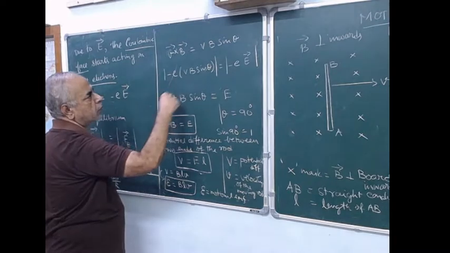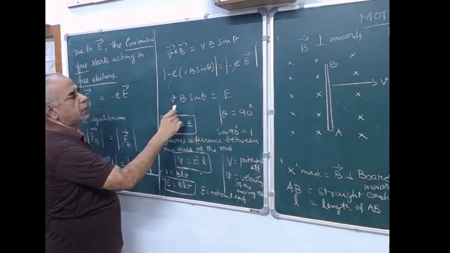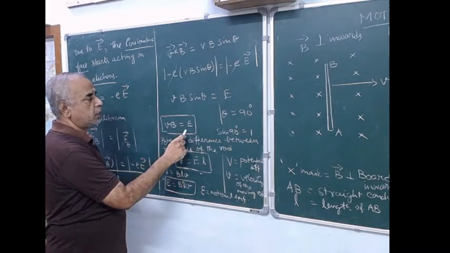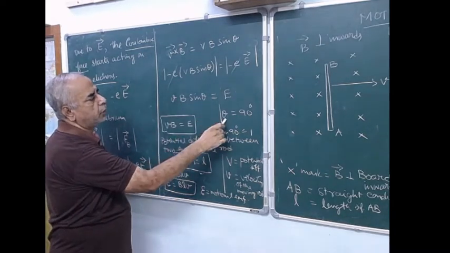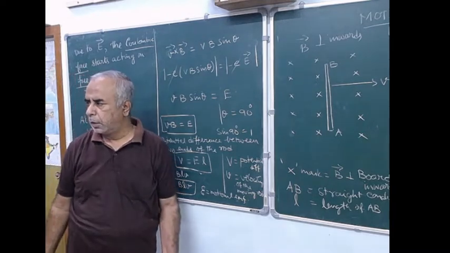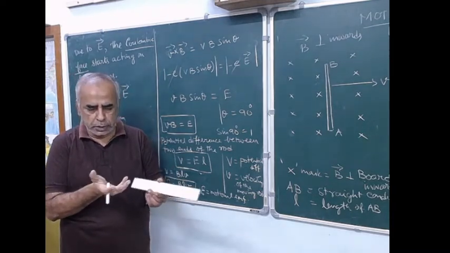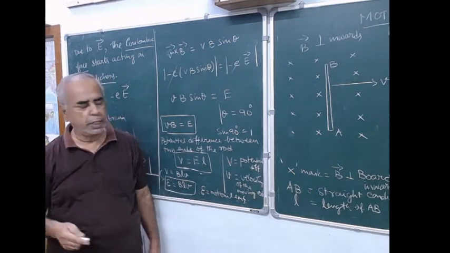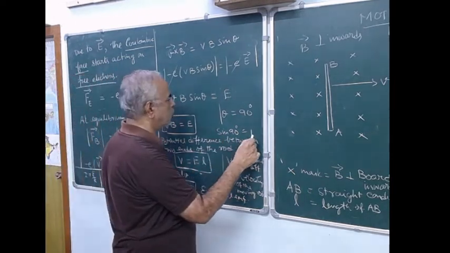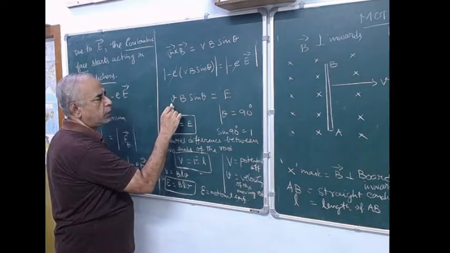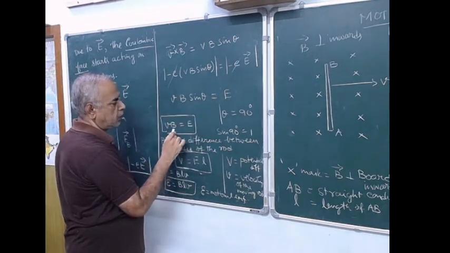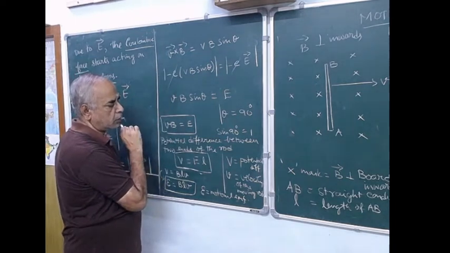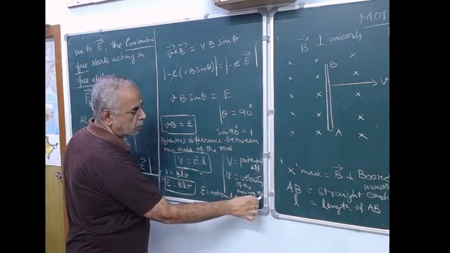Now vB sin theta is equal to E. Since all three are mutually perpendicular, theta is 90 degrees, so sin 90 is 1. Therefore vB is equal to E, where v is the velocity of the moving rod.